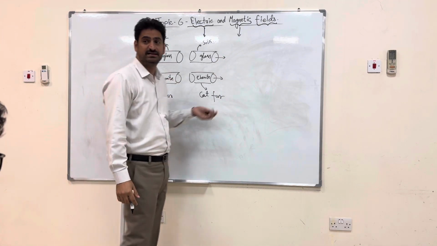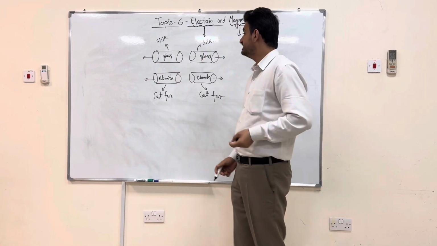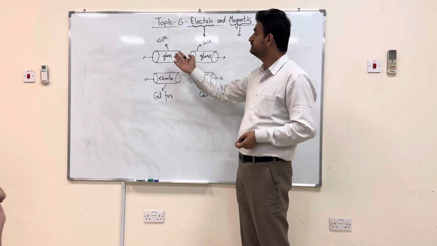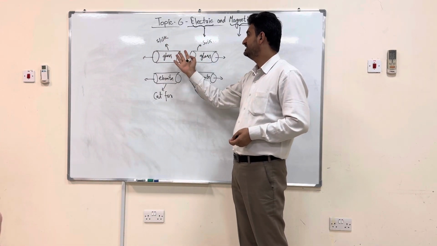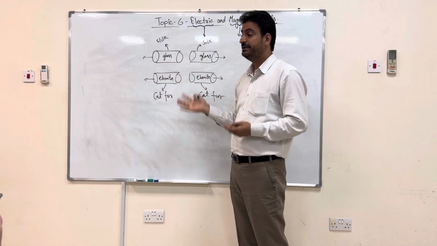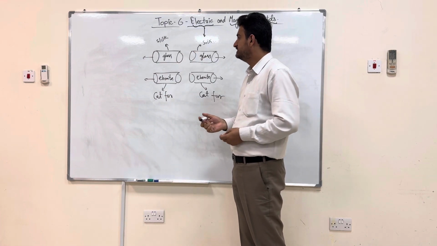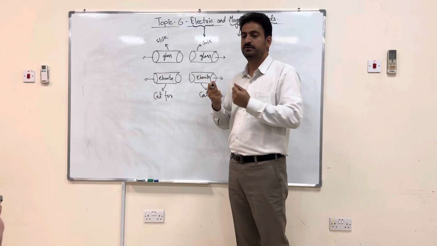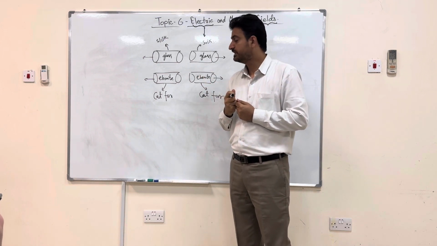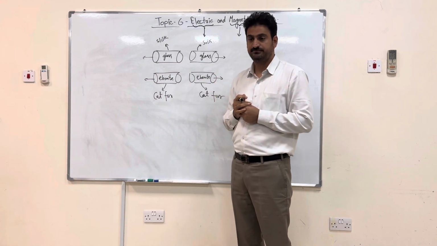What do we understand on the basis of this experiment? After we rubbed the glass rod with silk, they started repelling each other. That means they achieved some kind of property due to the rubbing. The same thing happened with the ebonite.